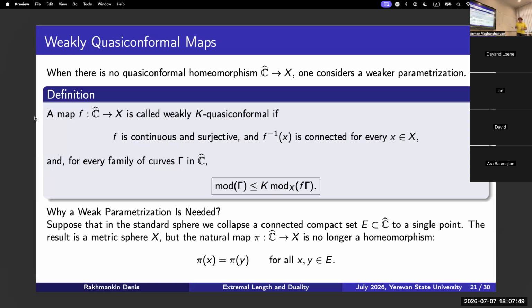Collapsing is not quasi-conformal, firstly because it's not injective. But weakly quasi-conformal doesn't have to be injective. Yeah, that's what we said. Take the whole disk and collapse it to a point in the image, but that doesn't remain a sphere itself. Why not?